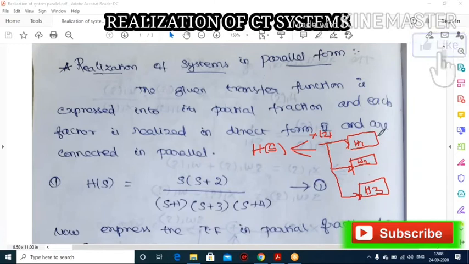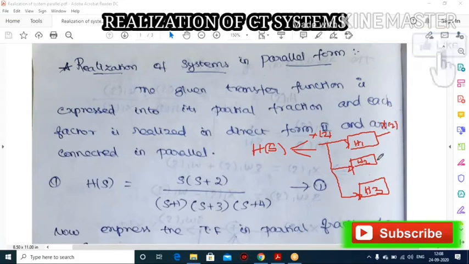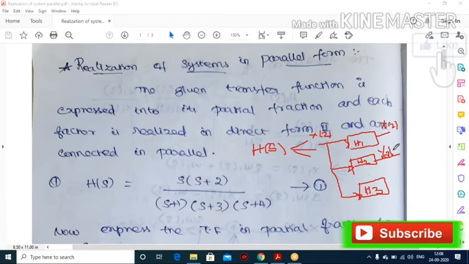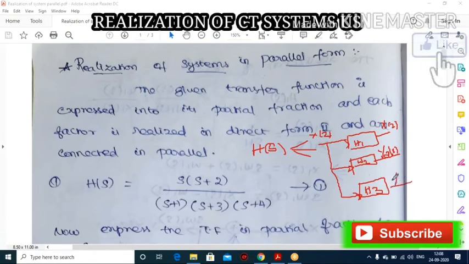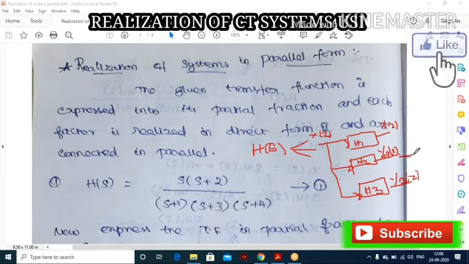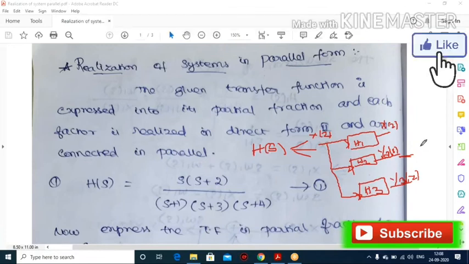H1 of Z produces the output Y1 of Z. H2 of Z produces the output Y2 of Z. H3 of Z produces the result Y3. Now for your final output, you just combine all the output values.